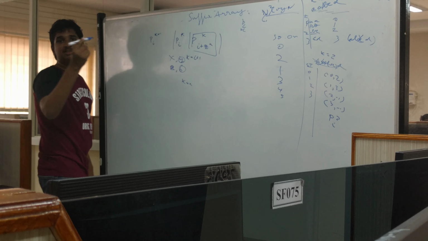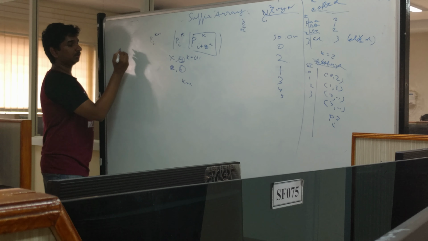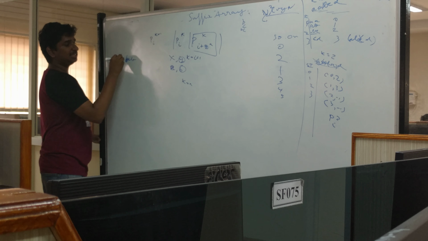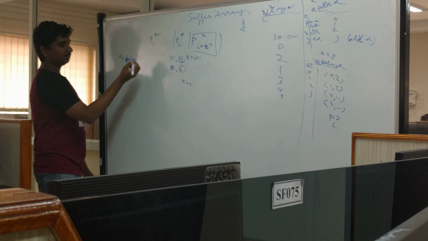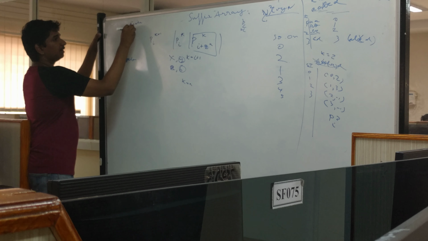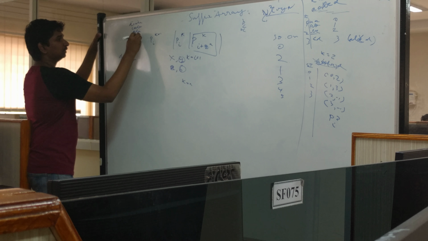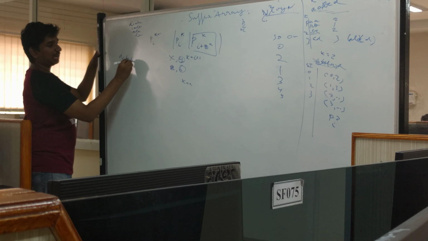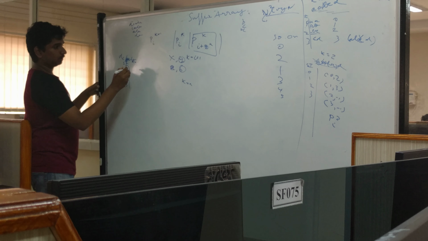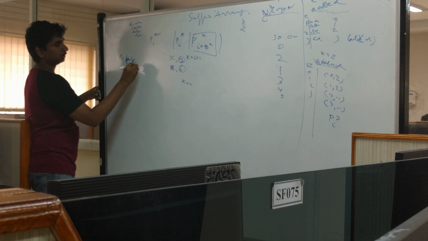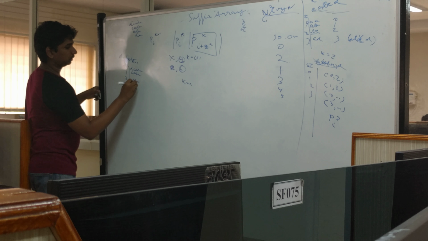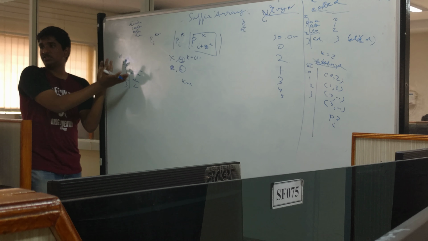So let us build it for, what is the example? I'll give CAB. Okay, DCAB. For DCAB, the suffix order: I start with the suffix DCAB. Initially, I store the value of the suffix order itself.